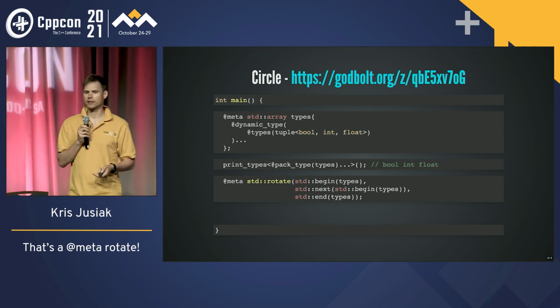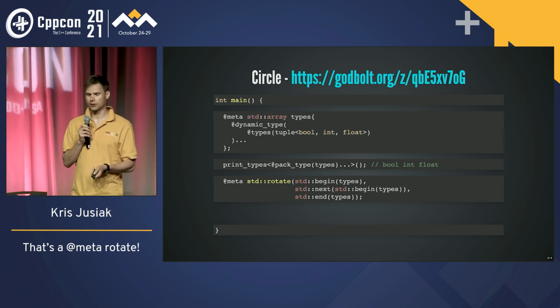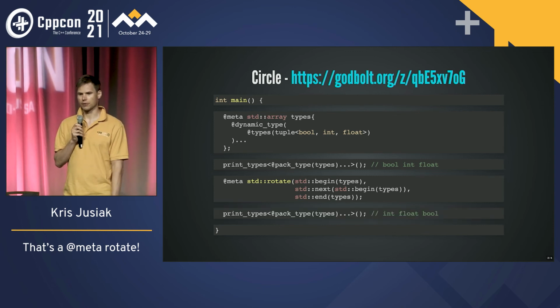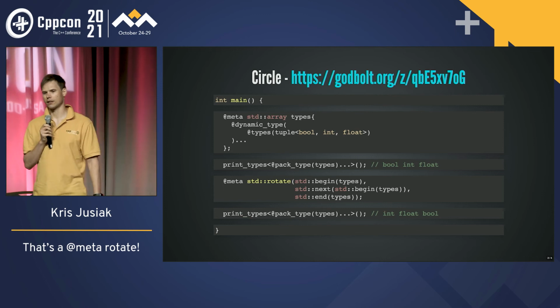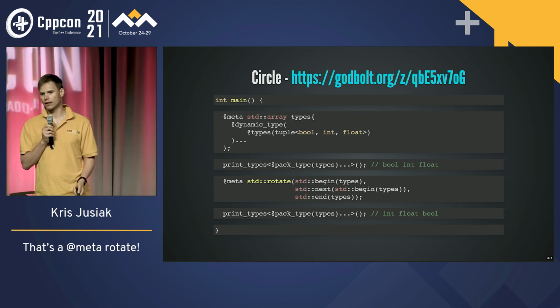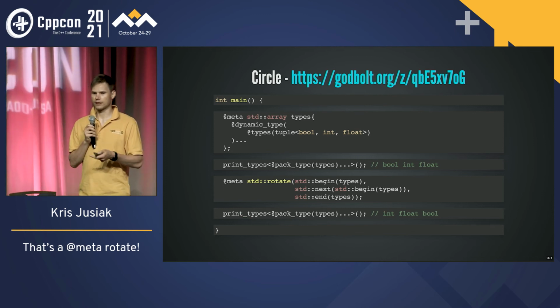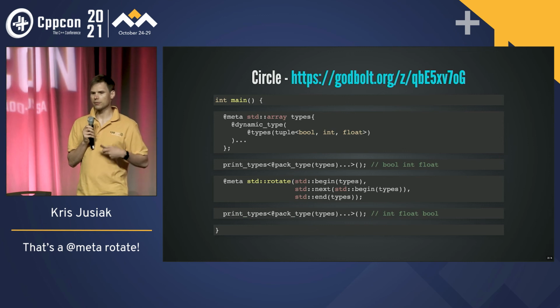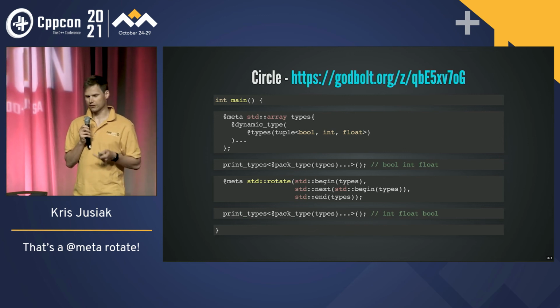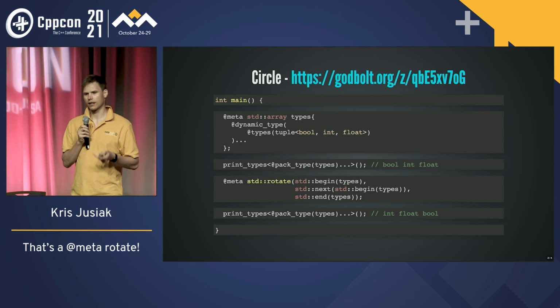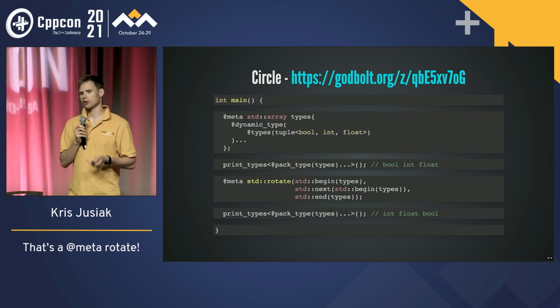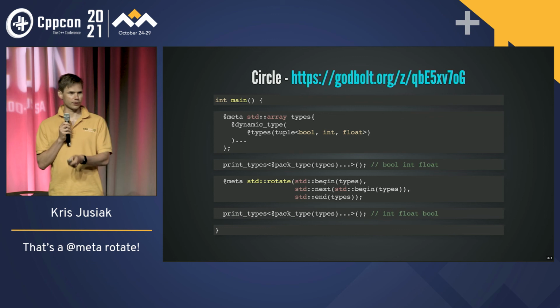We just have to prefix it with the meta keyword. And if you do that, when we print the types, we pack them again, we get int, float, and bool out of the array. So in my opinion, that's a great example of how to do template metaprogramming, because you can imagine how difficult that would be in C++20. I don't even want to go there, because I don't have time.